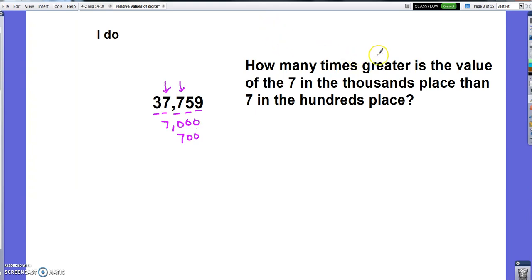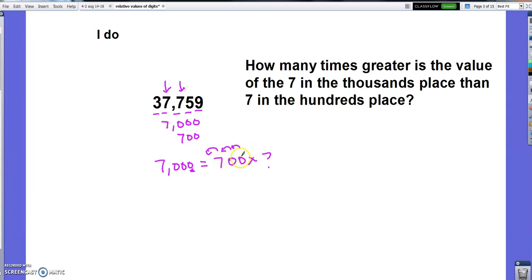So my question, how many times greater is the value of this 7 than this 7? Well, this 7 has a value of 7,000, and I want to know how many times greater that is than this 700. So what would I have to multiply 700 by to get 7,000? I need everything to move over one place, because I need one more 0 to get to 7,000.